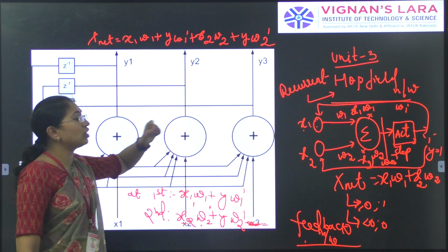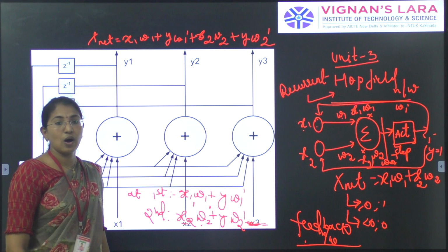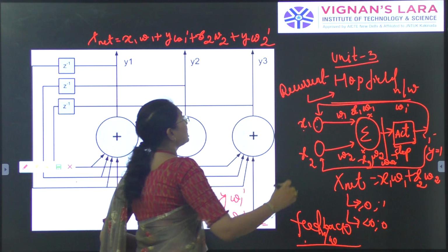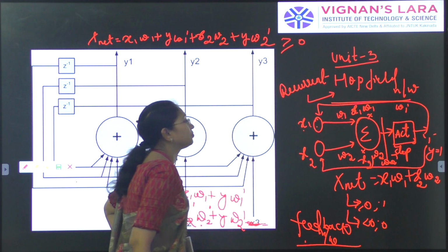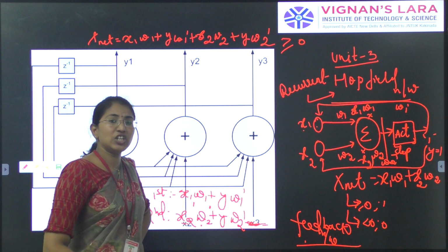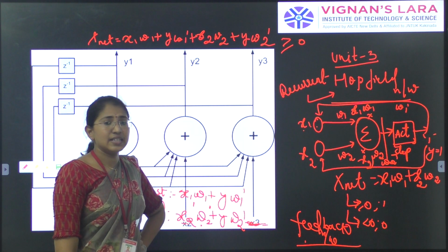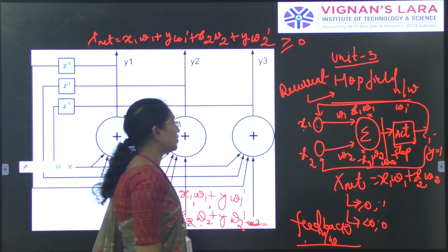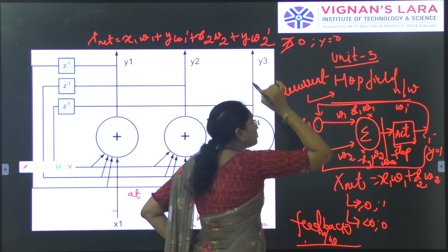This is the total net value obtained as the output of summation. Now this x net will be compared again with 0. If the condition is satisfied, you will get output as 1, if not, 0. Let us consider the condition is not satisfied. So we are getting output as 0.